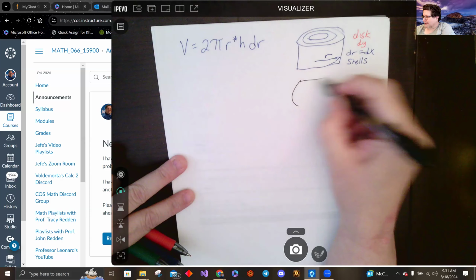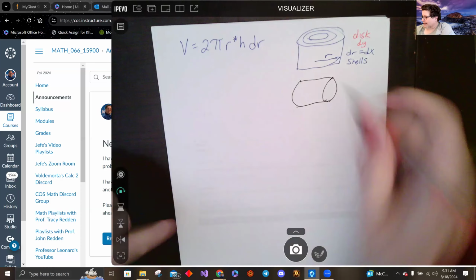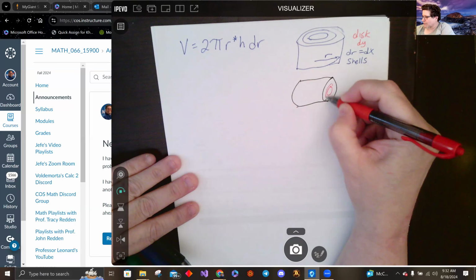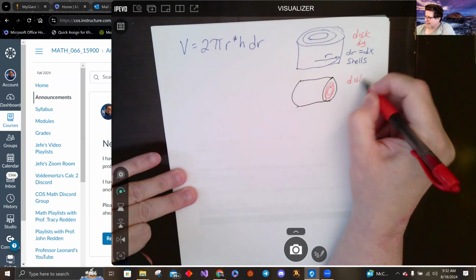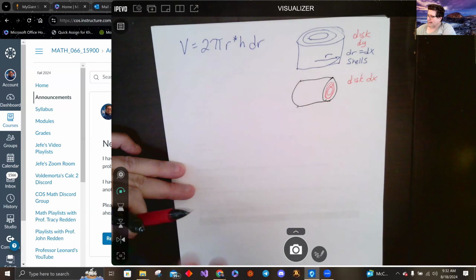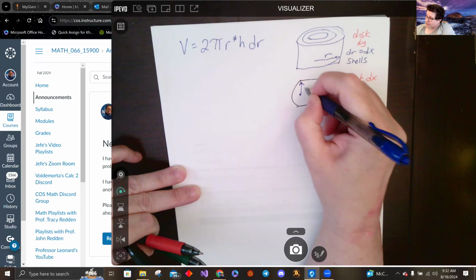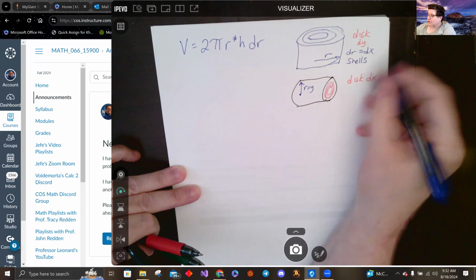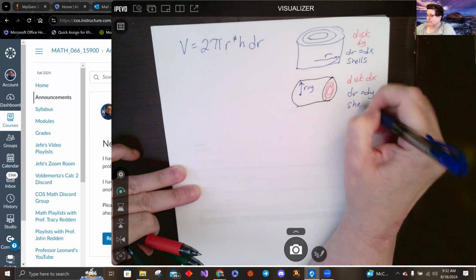Alternatively, if we had our cylinder going like this, and we're doing rings here, shells going outward here, normally this disk would be a dx, but now our radius is going upward, so it's a y. So dr here would be a dy for the shells method.